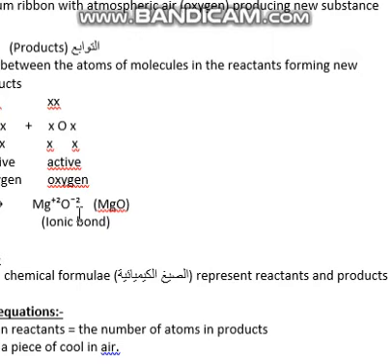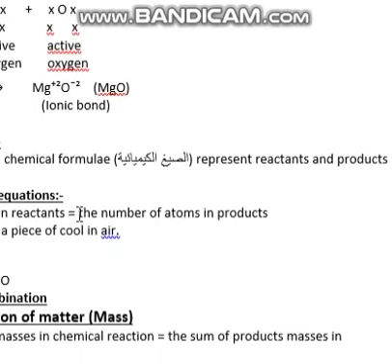Before solving problems about these equations, you must achieve the law of conservation of matter, so before writing the equation you balance it. What is the meaning of the law of conservation of matter? The sum of the reactants' masses in a chemical reaction equals the total sum of the products' masses. Okay? For example, the lighted magnesium ribbon: Mg plus O2 produces MgO.